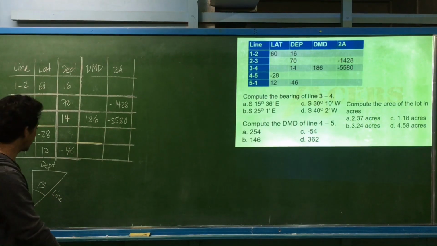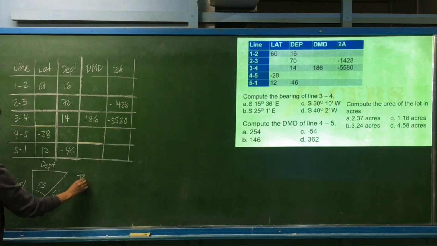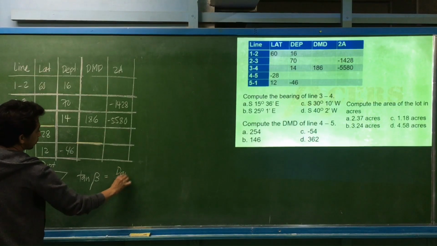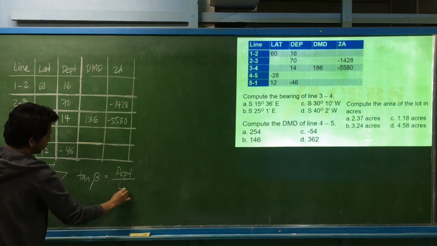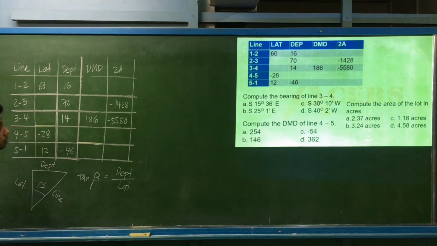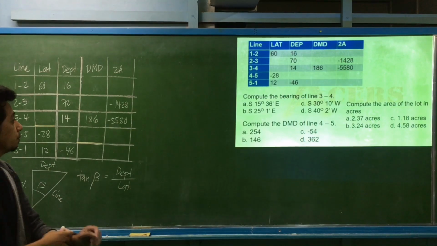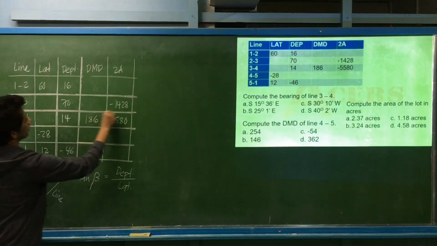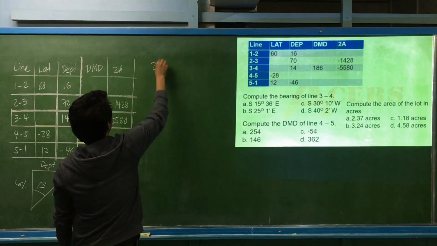So we have tangent of beta equal to the departure divided by the latitude. To compute the bearing of line 3-4, observe what is given for line 3-4: twice the area.